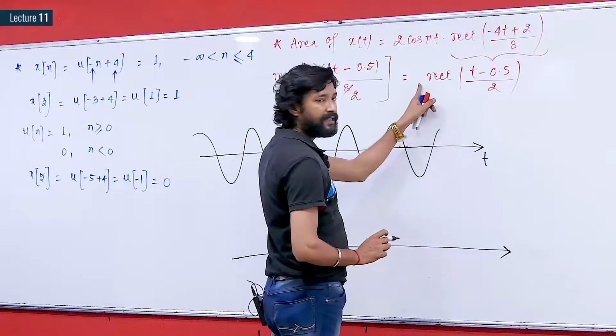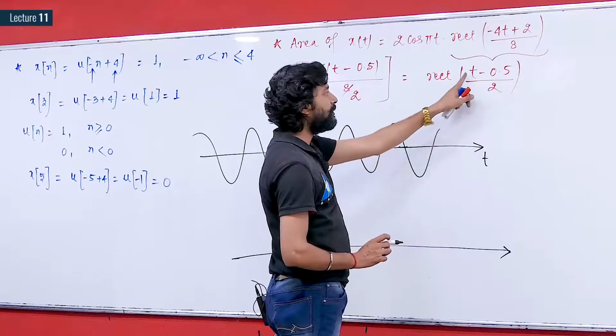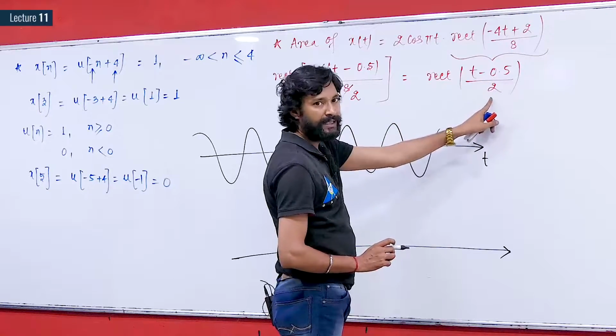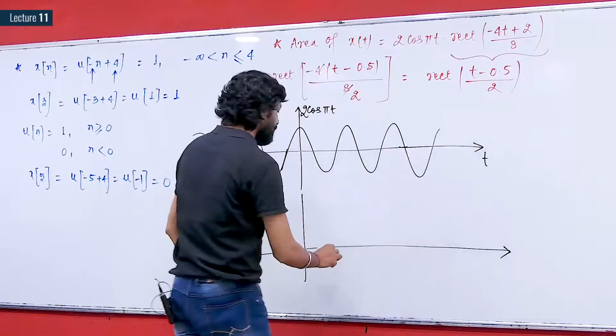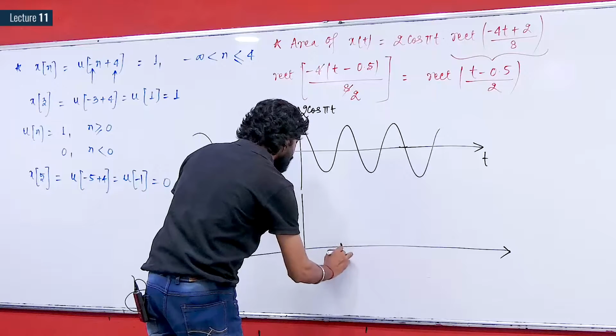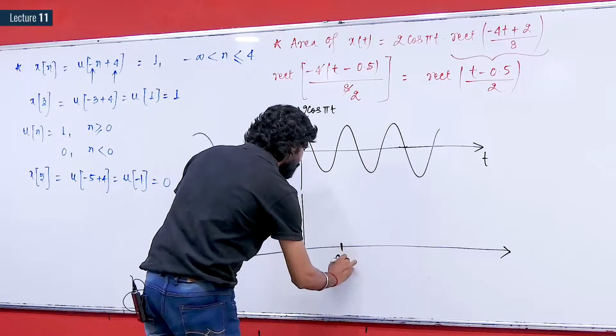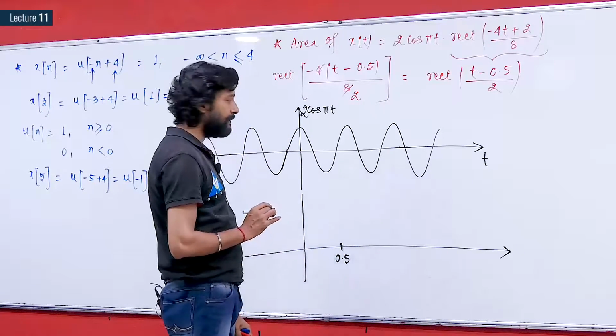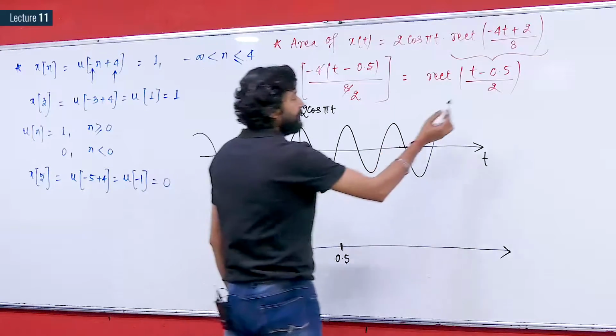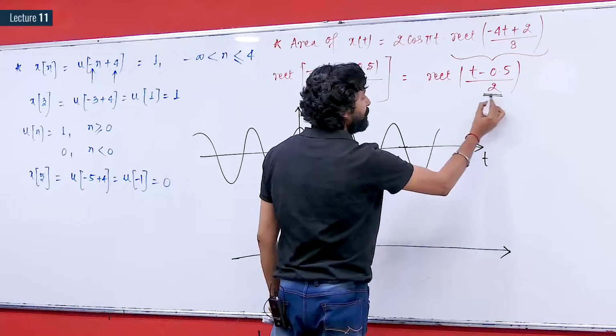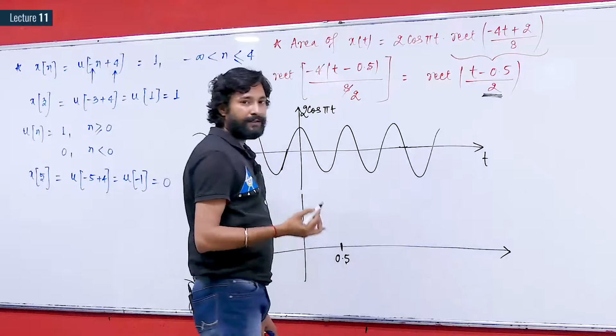If you compare this with the standard representation, a rectangle of t minus center upon tau, it means this rectangle is centered at 0.5. From 0.5 the total width is 2, meaning on both sides the width will be 1.